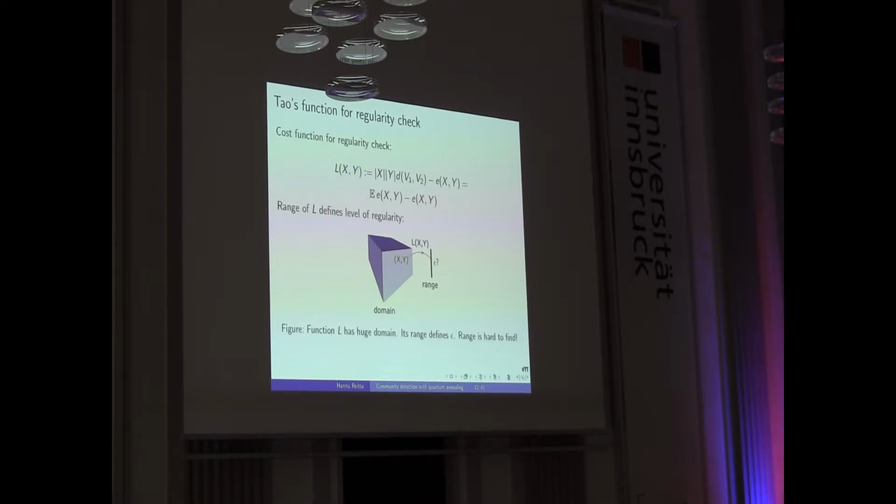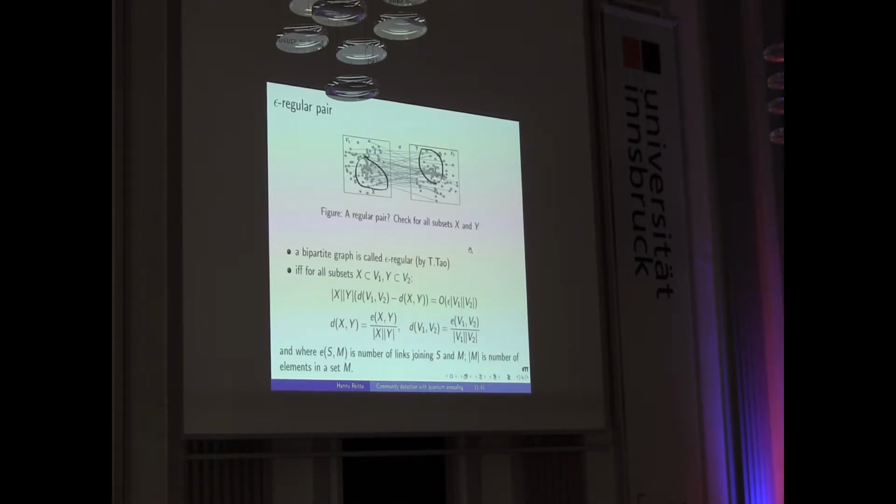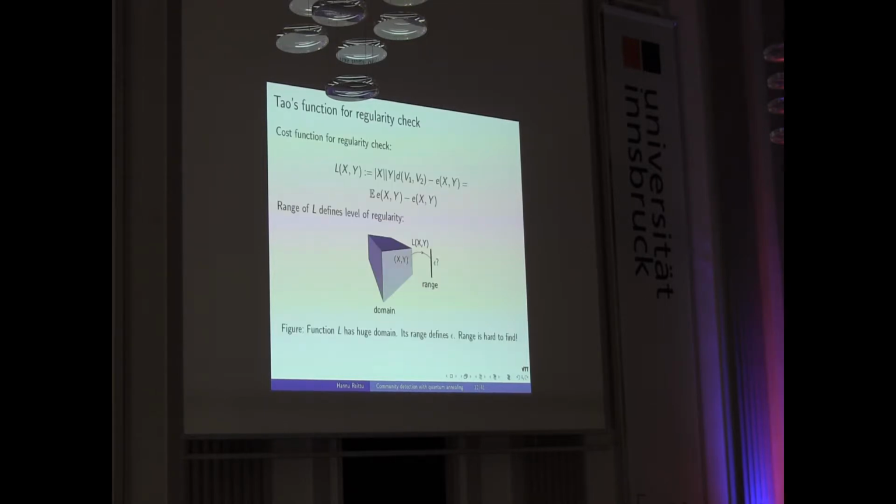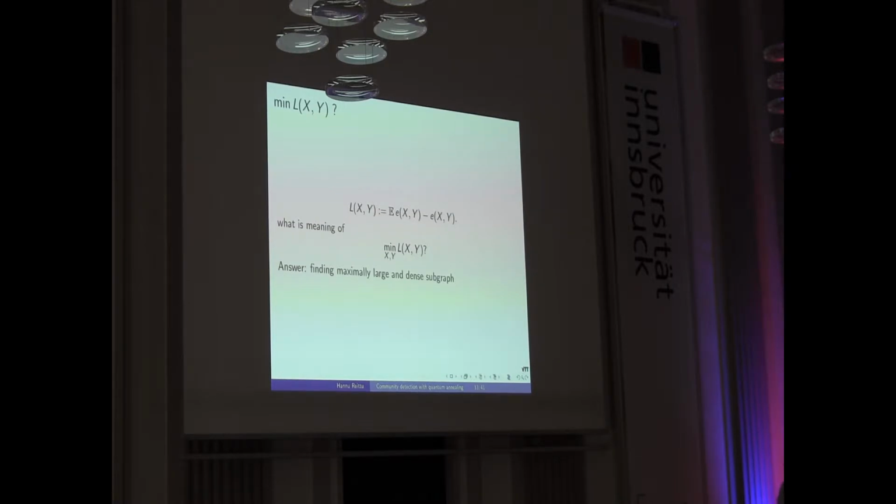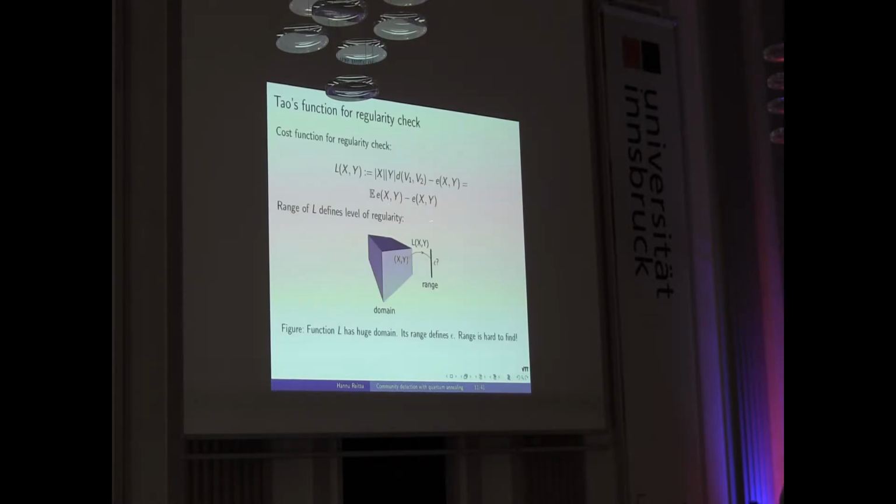Its meaning for some x and y is that it computes the fluctuation of the number of links from the expected one, and this expectation is computed as if this graph was truly random, then this would be the link probability and how much it deviates from what you would expect on average. So this must be bounded by epsilon.